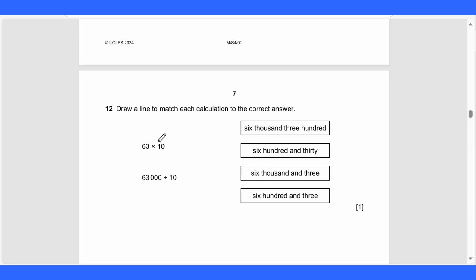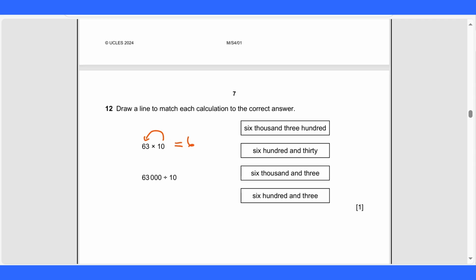Okay, 63 times 10, just attach the 0 to the number, so 630 it should be, this one to here. And then 63,000 divided by 10, so we just cancel out one 0, so we have 6,300. 6,300 is this one.